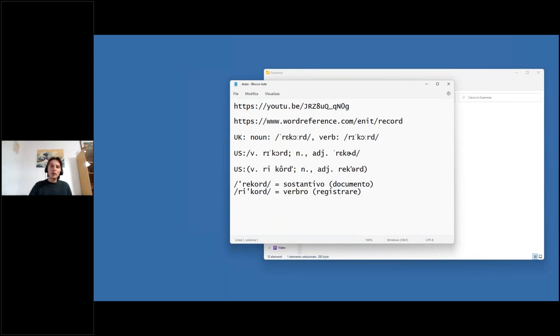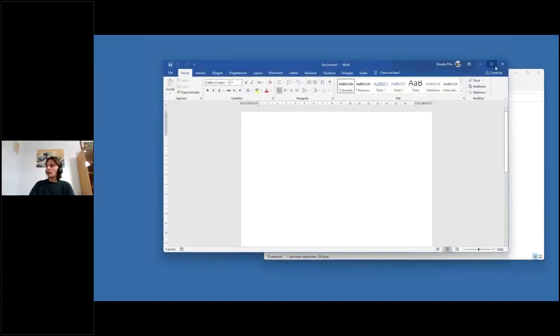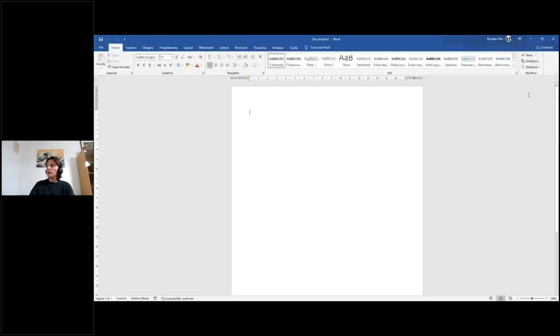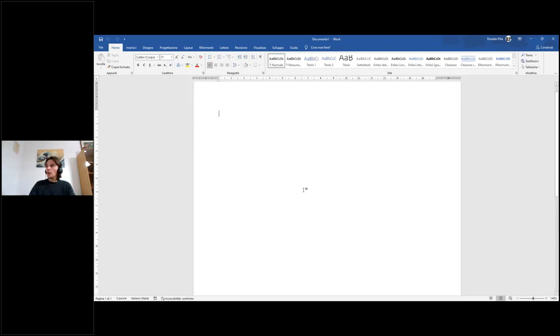You remember when we, I think it was the first or the second lesson, we talked about accents, and we actually focused on phonetic symbols. Let's say if I write this word here, in Italian you read legge, right?